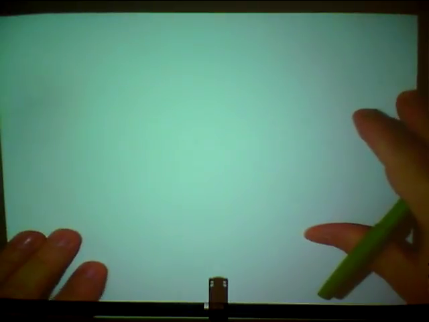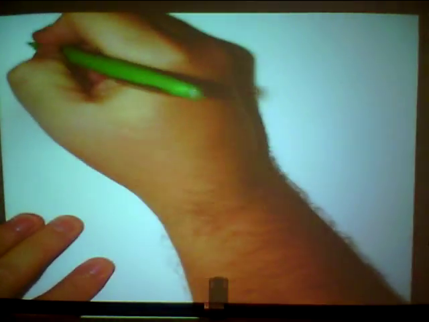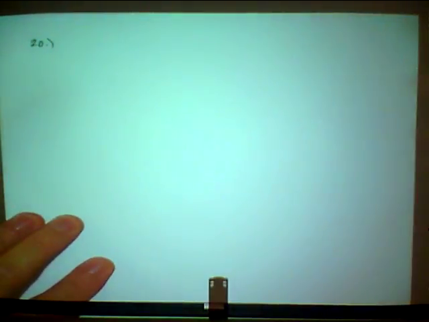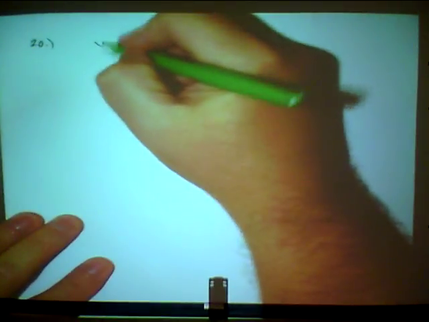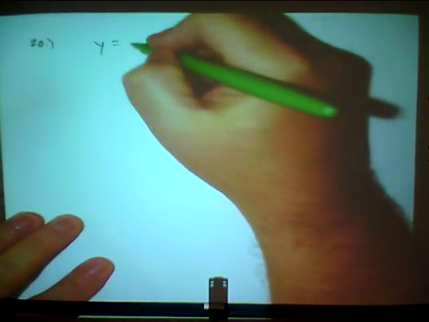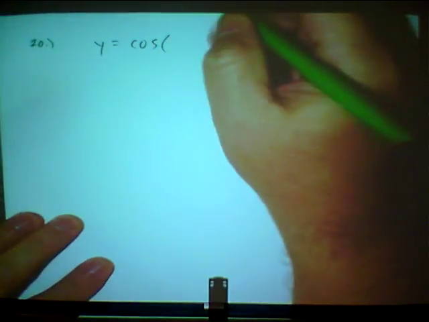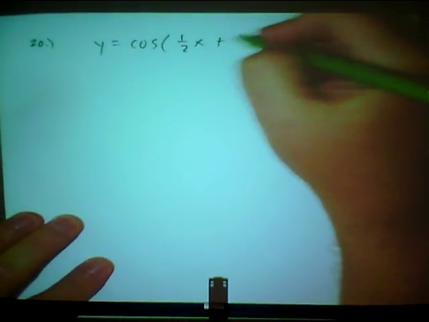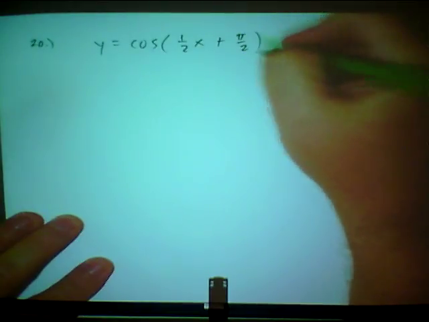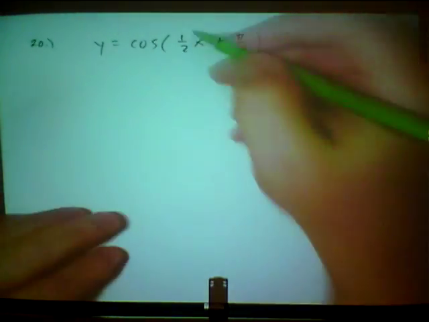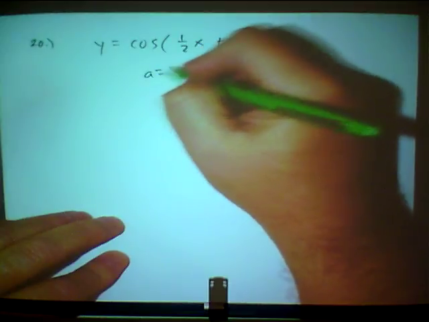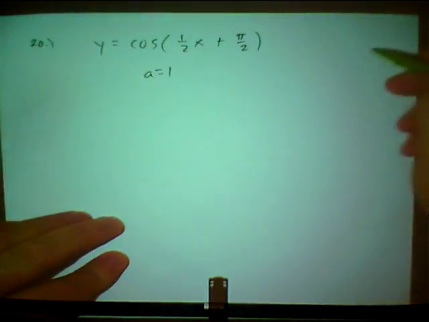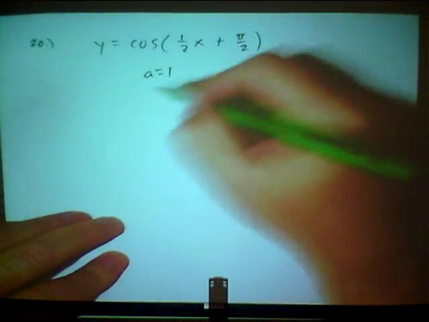How about number 20? Number 20 looks like it has a phase shift, which is a little more complicated. Y equals cosine of 1/2 x plus pi over 2. So it looks like a is going to be 1, right? There's nothing in front of the cosine.